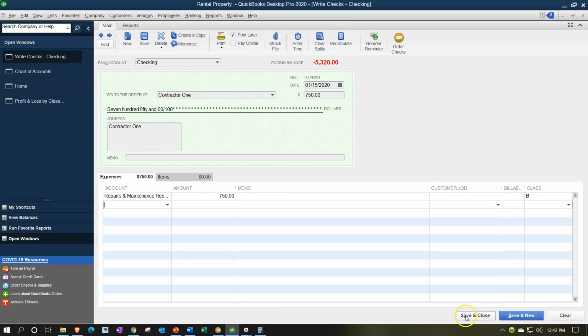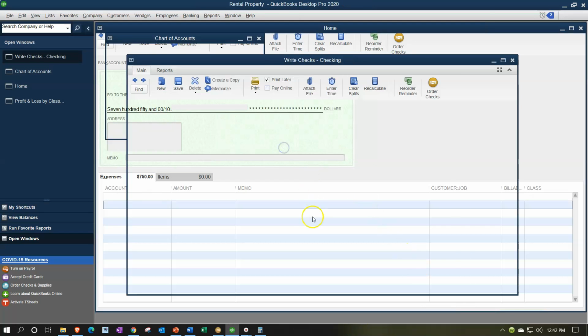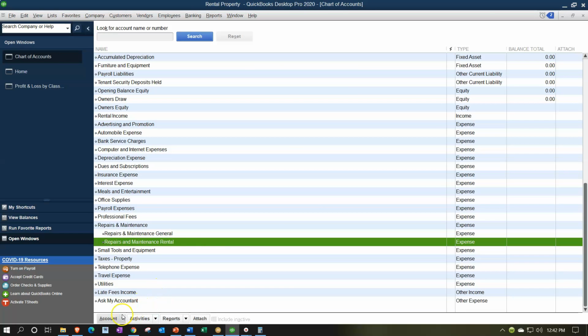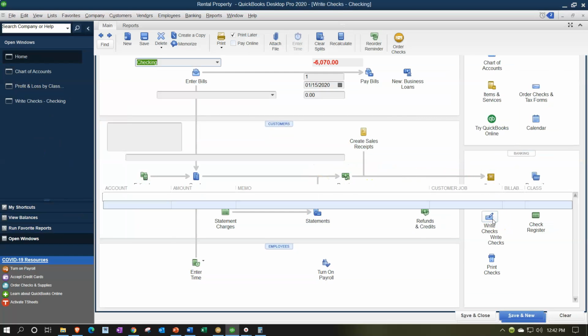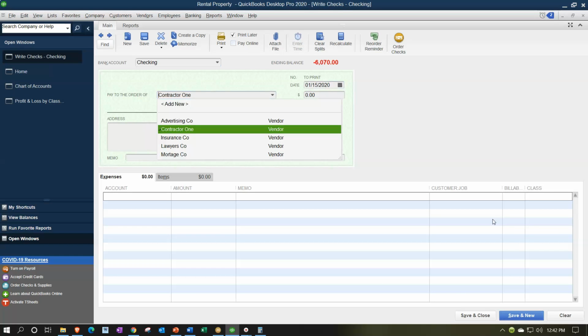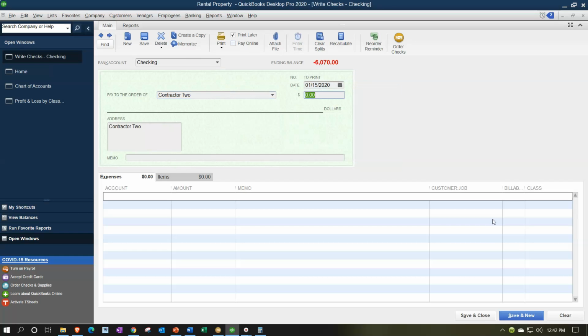But then if I did other repairs for the entire house, I might say, well, now I'm going to do repairs for the entire house, write a check and say this is going to be for the contractor 2 that we hired. Contractor 2 is going to be, let's say, 1900.